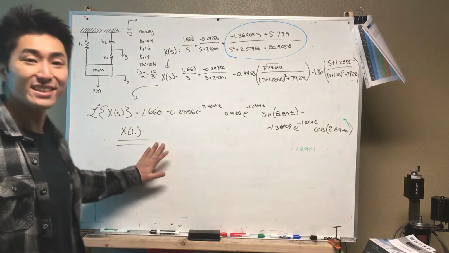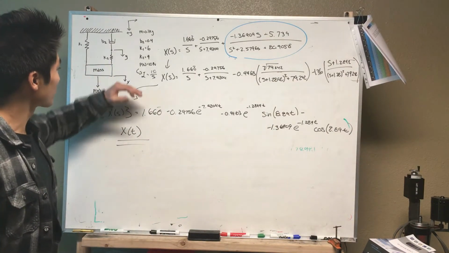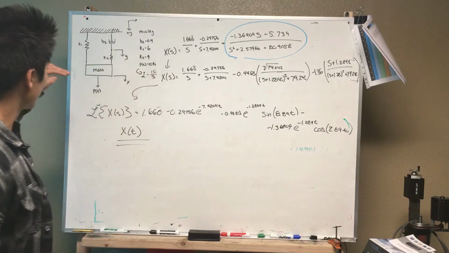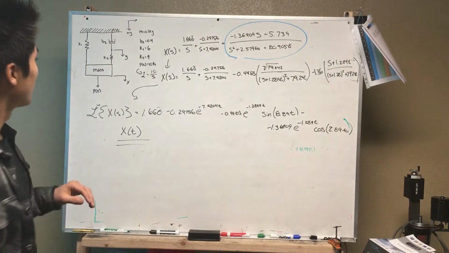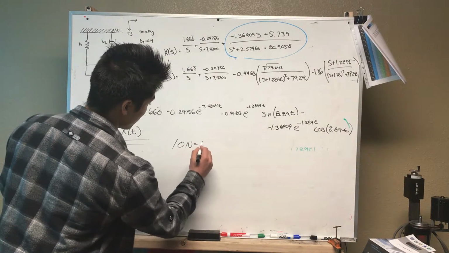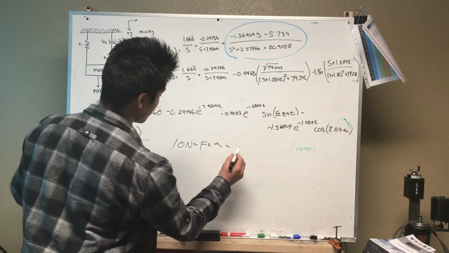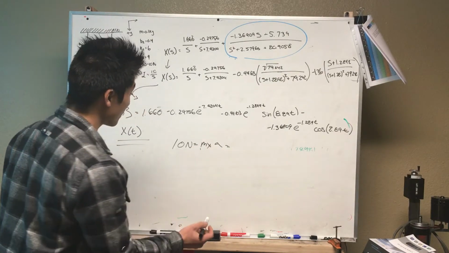So this equation represents what would happen if I have a step function of 10 newtons here. So what does that mean? That means that because 10 newtons is force, mass times acceleration.